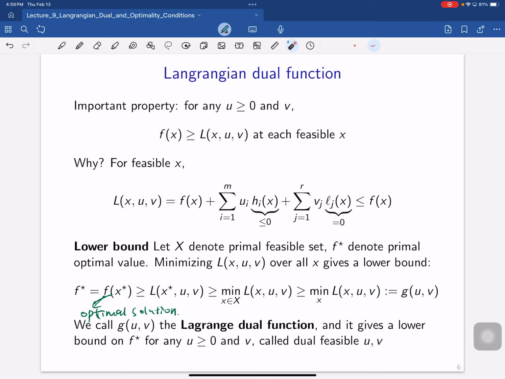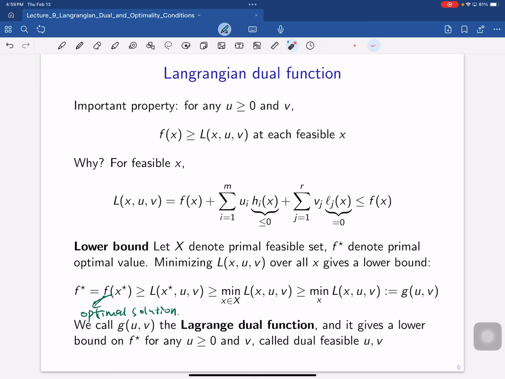And then why does the third inequality hold? I'm just removing this constraint here, and then it is greater than or equal to this term. This holds trivially, because you are just removing some of the constraints. You are making the feasible region bigger. That's why the third inequality holds. Okay.